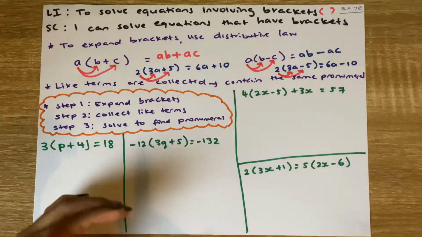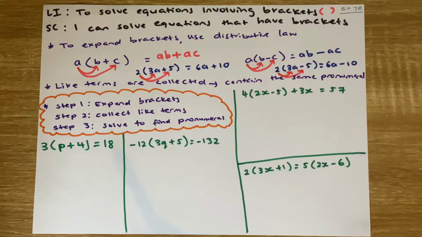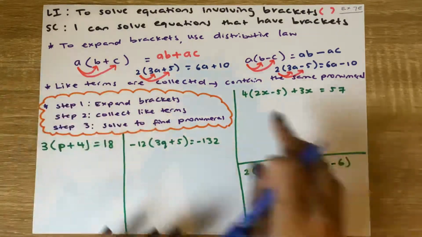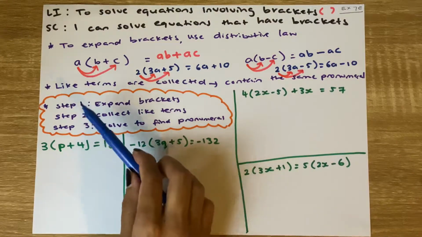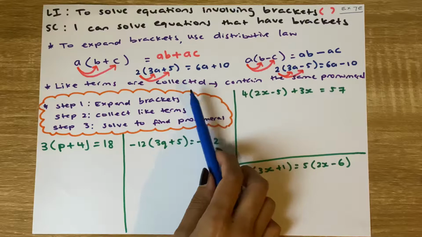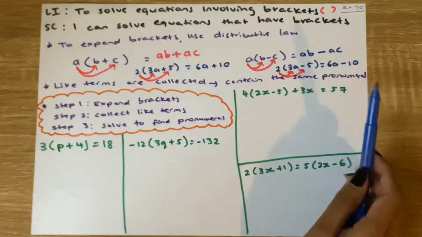Okay, so basically the first step whenever you see brackets is going to be to expand those brackets, all right? Expanding obviously means writing out the longer form. What we are then going to do is collect like terms. So like terms are things that contain the same pronumeral, which means they contain the same letter.